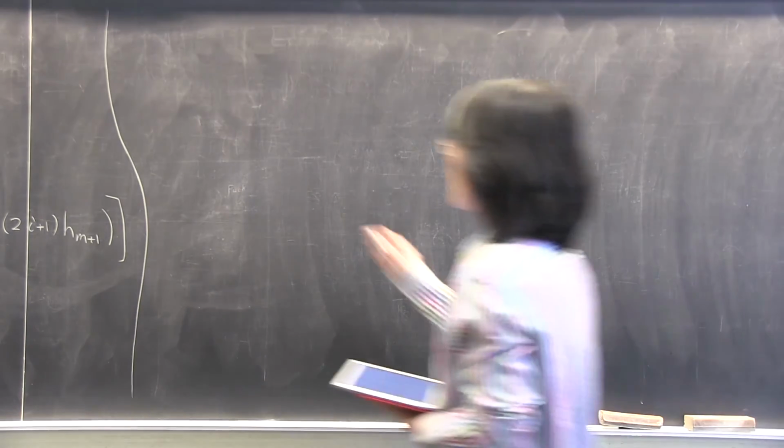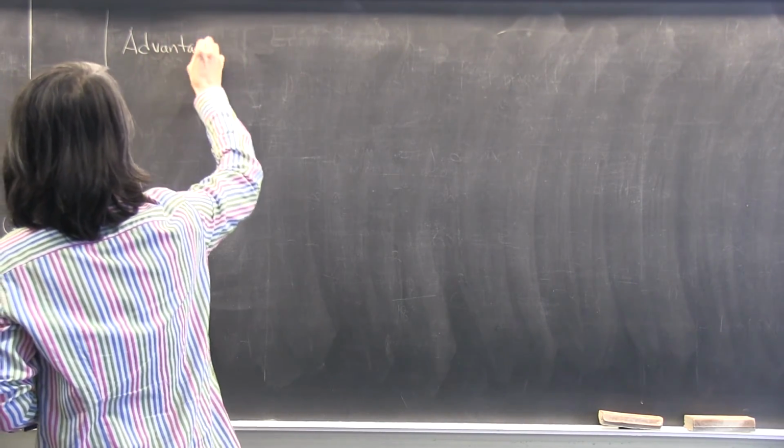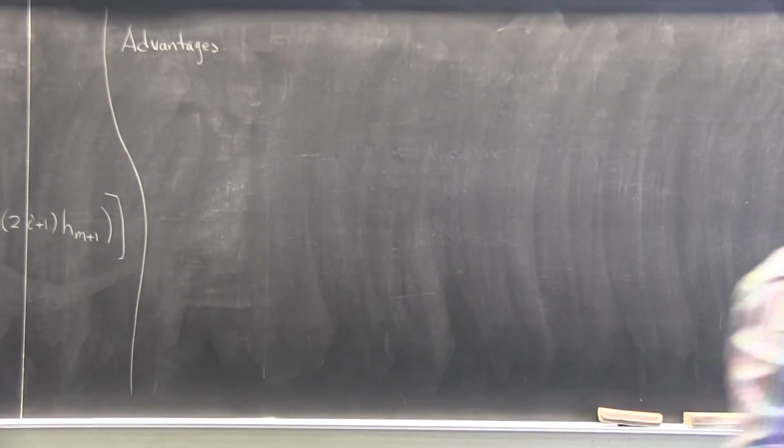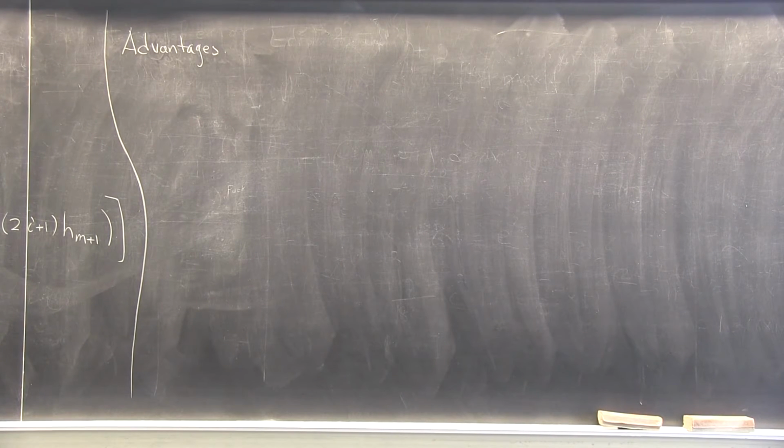Okay, so let's take a look at some advantages. What can you think of some advantages for this algorithm? Why would it be useful? In what situation? Say you cut your interval into 16 pieces and you throw in trapezoid rule and you find some answer.